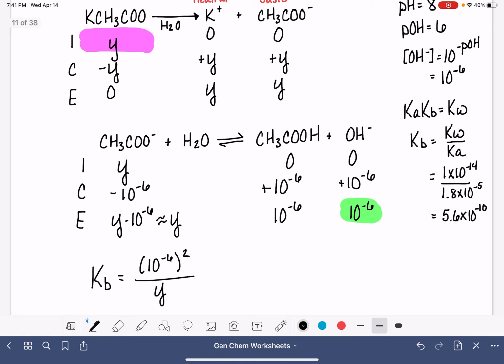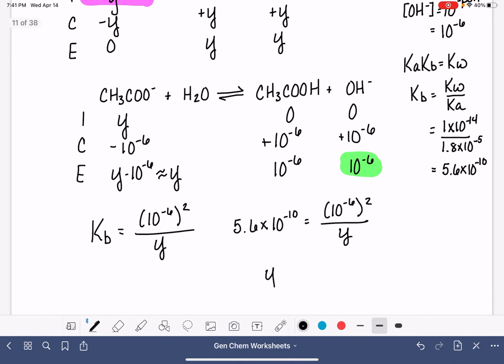So now that we know our Kb, we can plug this in down here. 5.6 times 10 to the negative 10 equals 10 to the negative 6 squared over Y, and let's solve for Y. The math is a little bit trickier here than ones we've done before, so maybe I'll write the math out. We're going to simplify this: 5.6 times 10 to the negative 10 times Y equals 10 to the negative 6 squared.